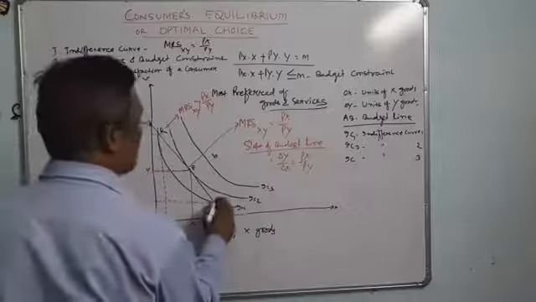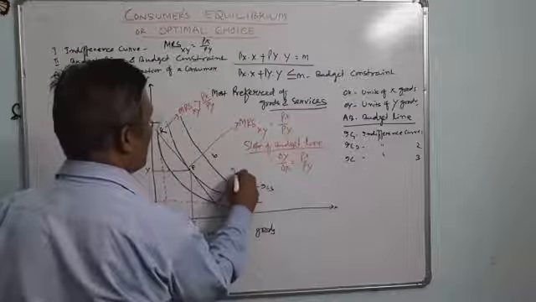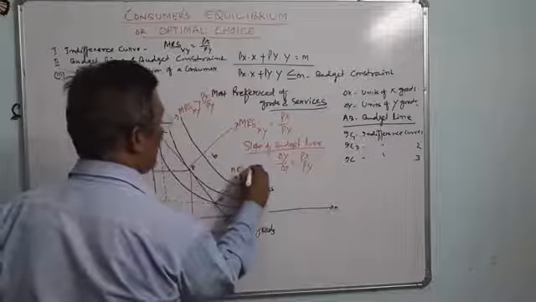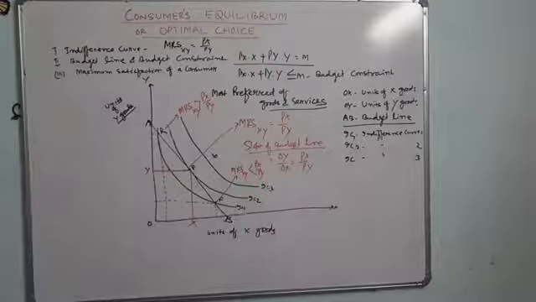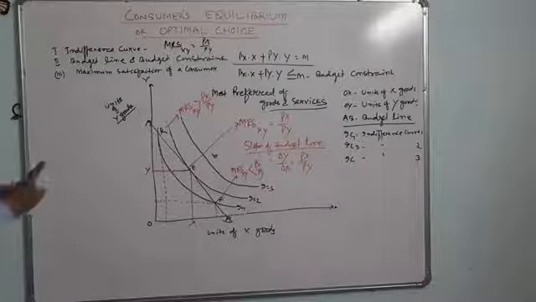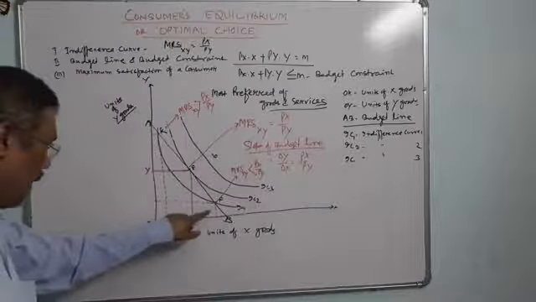And F is a point where the marginal rate of substitution of X for Y is less than Px upon Py. These are the 3 conditions, which I have already discussed, for points R, E and F.